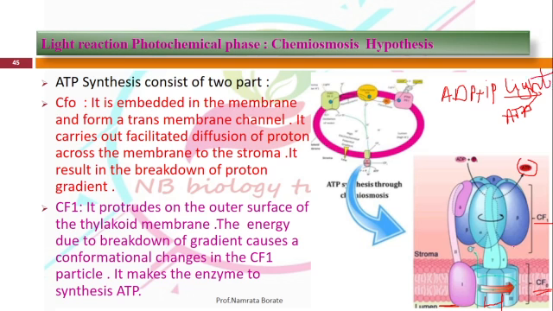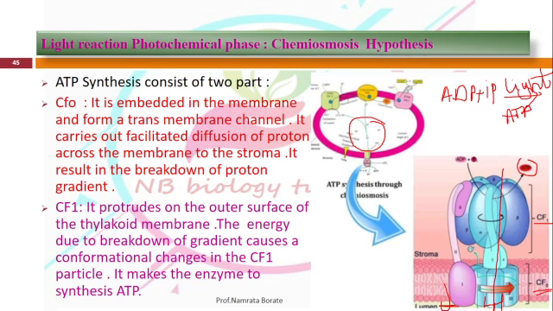So how is this light energy received? By the ADP. As the proton accumulated in the lumen of the thylakoid moves from F0 to F1, it acts as a light energy source.